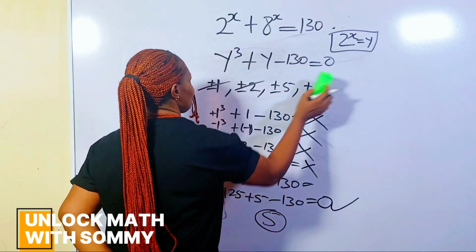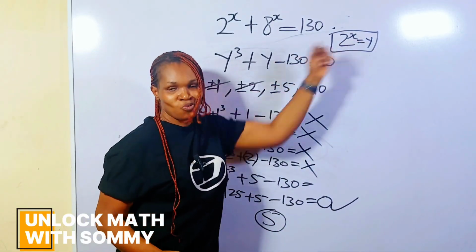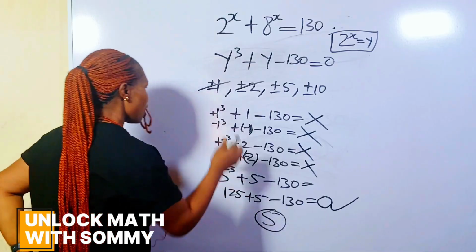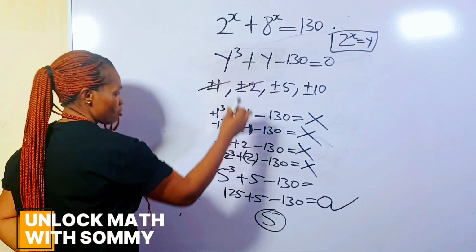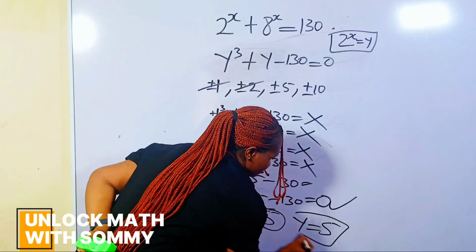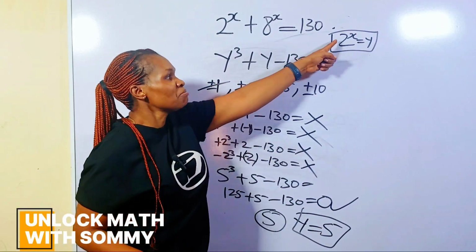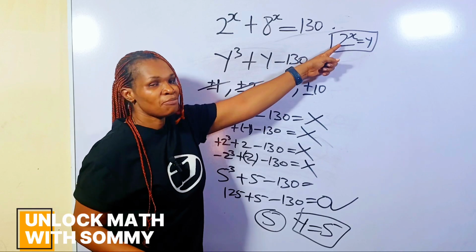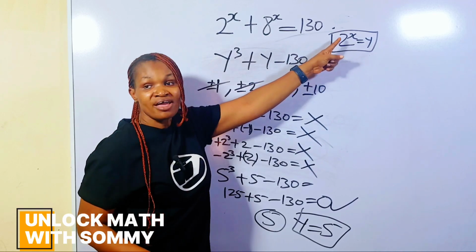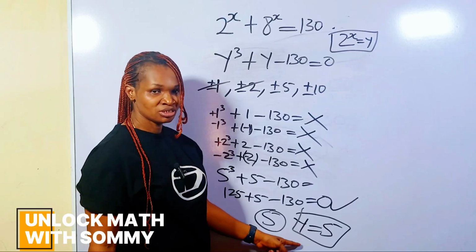So, remember, we said 2 raised to the power s is equal to y. Now we've gotten our root, which is the root of y, to be equal to 5. We've gotten our y to be equal to 5. So we remember our substitution that we did, whereby we got 2 raised to the power s is equal to y. And now we've gotten the value of y, which is our root.